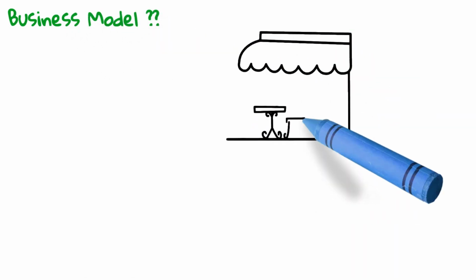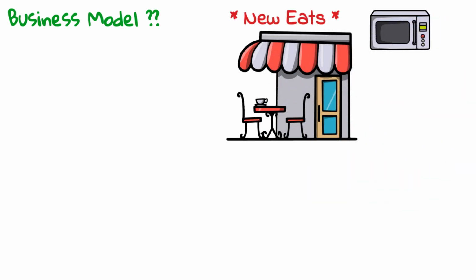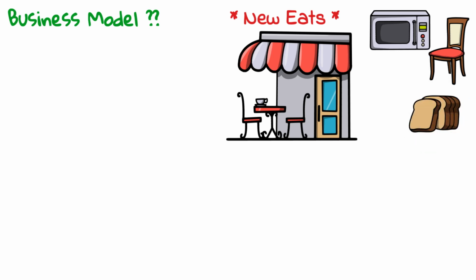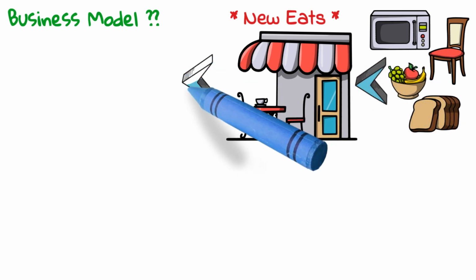First, let's look at what is a business model. Take the same restaurant. We know that things like oven, furniture, ingredients like bread, fruits, and vegetables are inputs for the restaurant. What are the outputs?